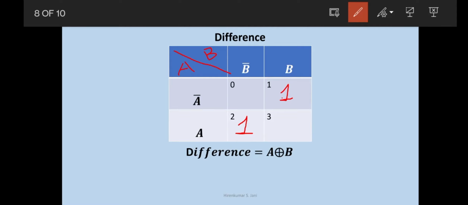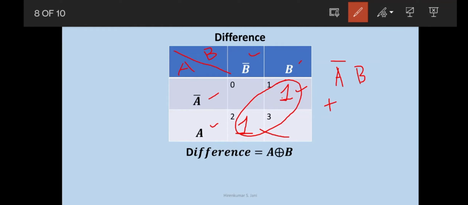Here if we concentrate on 1, then this 1 will give the equation for the difference. Say for this one we will have A bar B. So we can write A bar B plus, for this one, we can write A B bar.